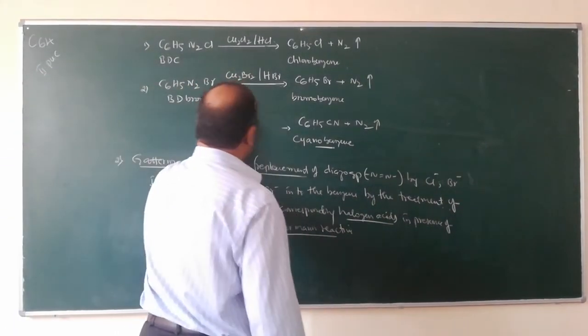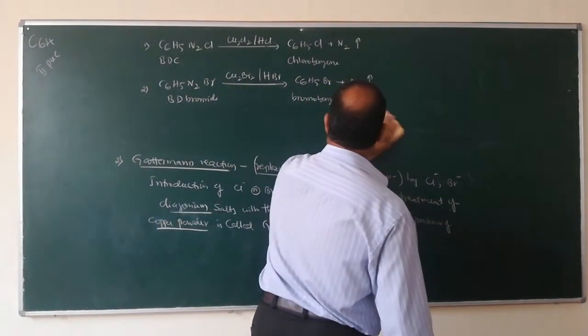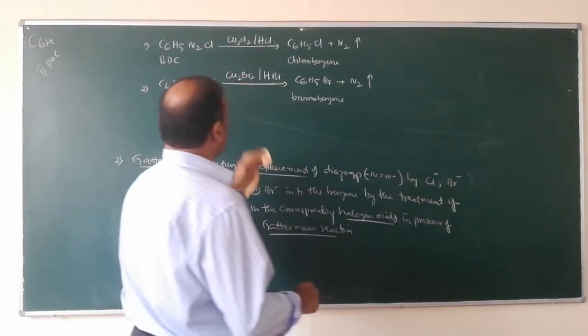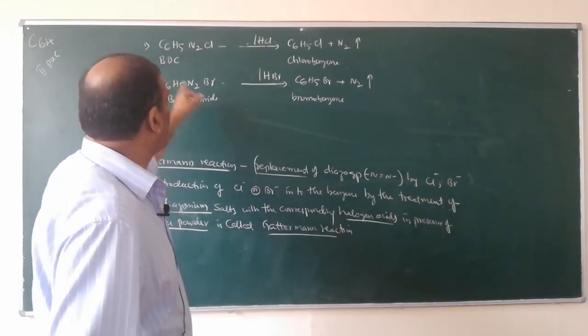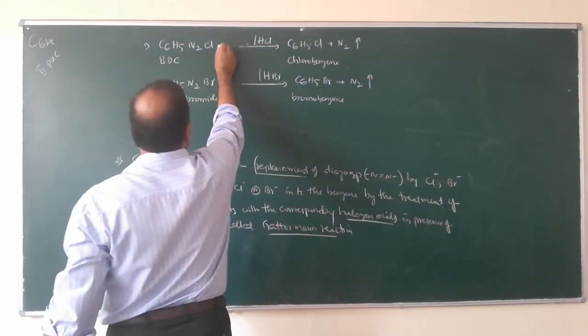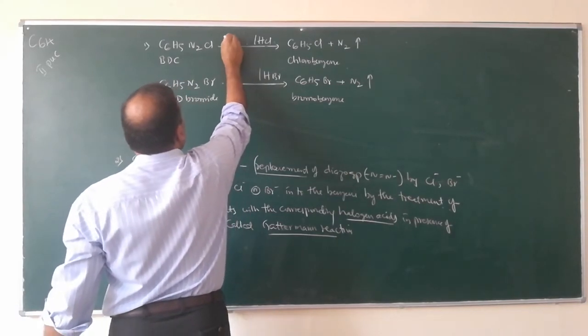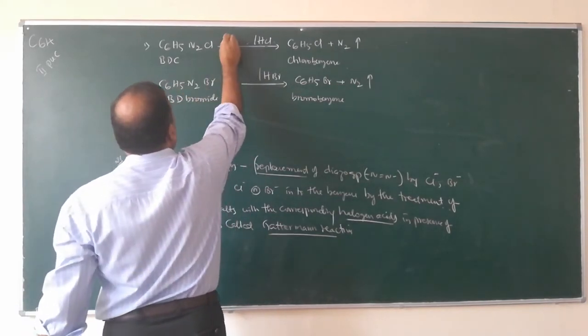So what is the reaction here? So these are the reactions. So this is benzene diazonium chloride in presence of copper powder.